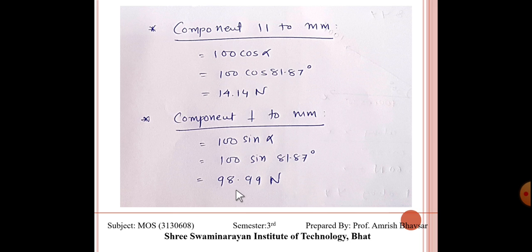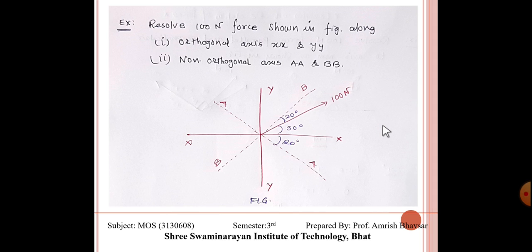So this is the simple one, but we have to remember to first find out whether it is parallel and perpendicular, or orthogonal and non-orthogonal.